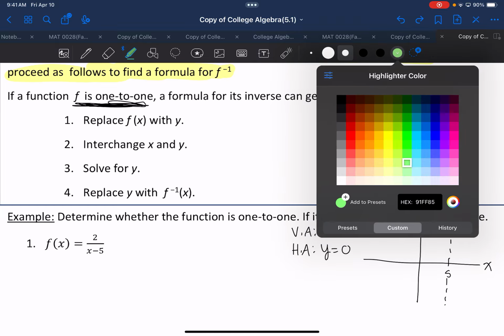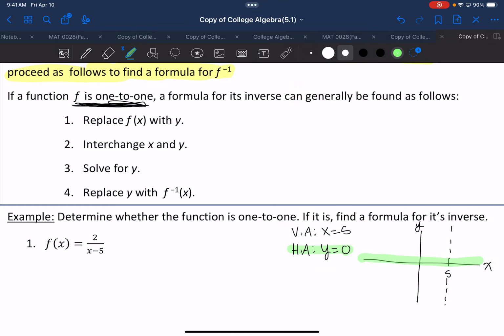And so that would be right here on the x-axis. And then if I plug in 0 to that function, this will give me 2 over 0 minus 5, which is just negative 5, right? So that's the point 0, negative 2/5, which would be about right here. That's my y-intercept.